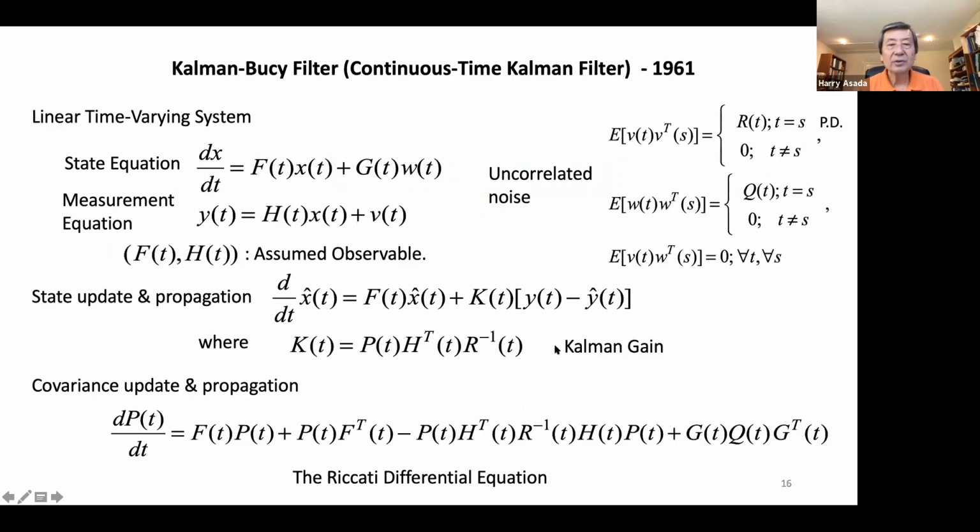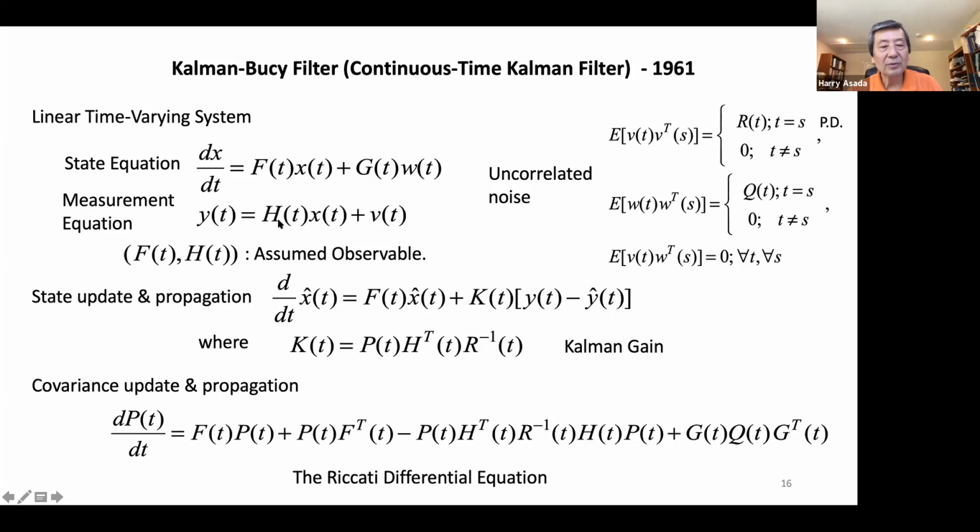Okay, so this is just a quick summary of the continuous time Kalman filter, or it is called the Kalman-Bucy filter. Bucy is Kalman's collaborator, co-worker, and also to some extent, a senior co-worker or boss. The vintage is 1961. So we deal with linear time varying systems given by this equation.